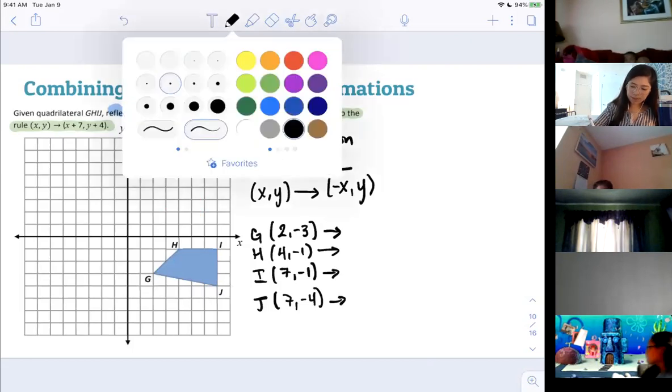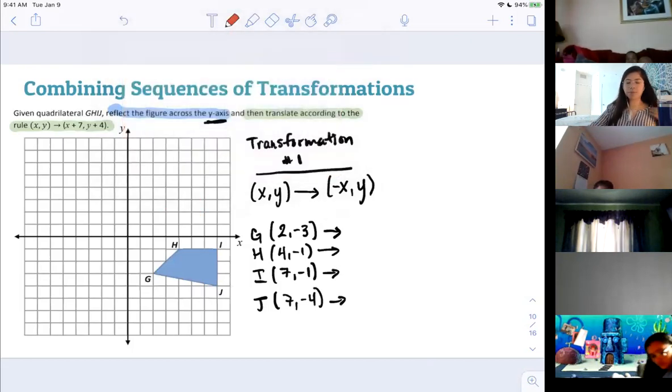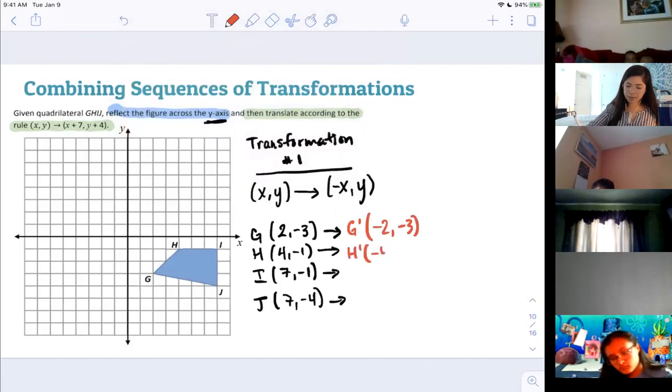Let's go ahead and reflect. All I'm going to do is turn my x negative and keep the y the same. So G prime is negative 2, negative 3. H prime is negative 4, negative 1. I prime is negative 7, negative 1. And J prime is negative 7, negative 4.